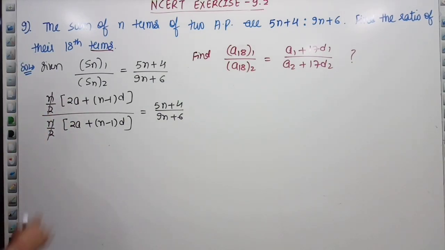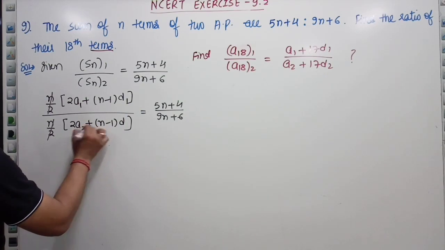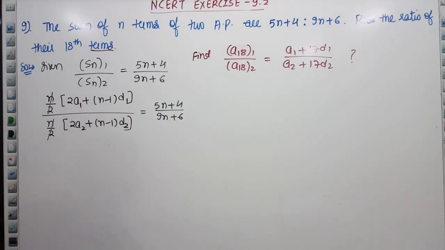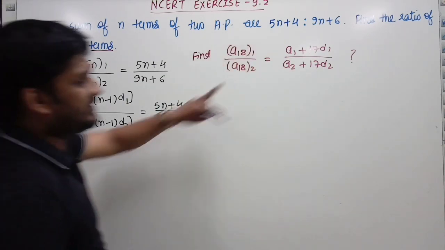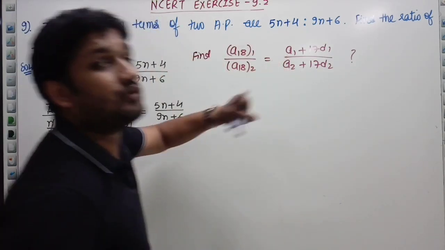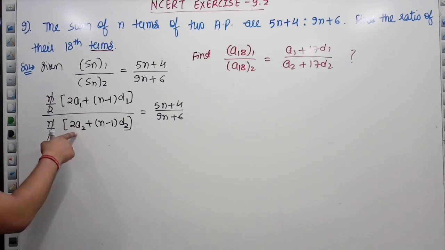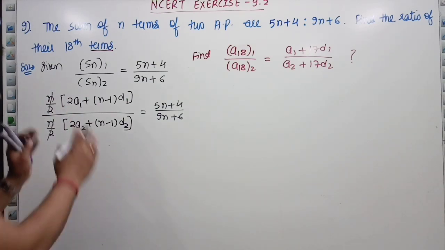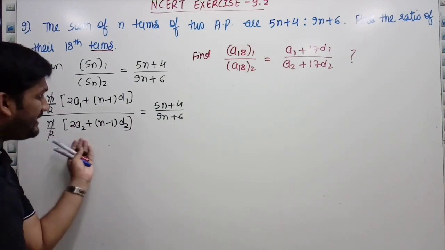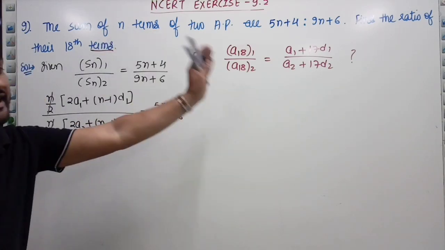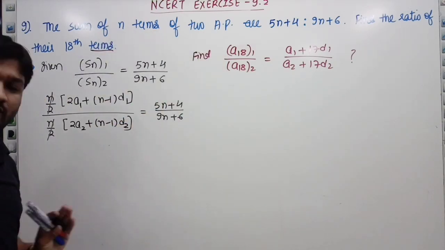Now this is a1 d1, a2 d2, right? Now just pay attention here. You need to find this expression, and here the coefficient of a1 and a2 is 1, but here the coefficient of a1 and a2 is 2. I will try to make it like this and we'll compare. I will try to make this left hand side expression like that expression, and I will calculate the value.